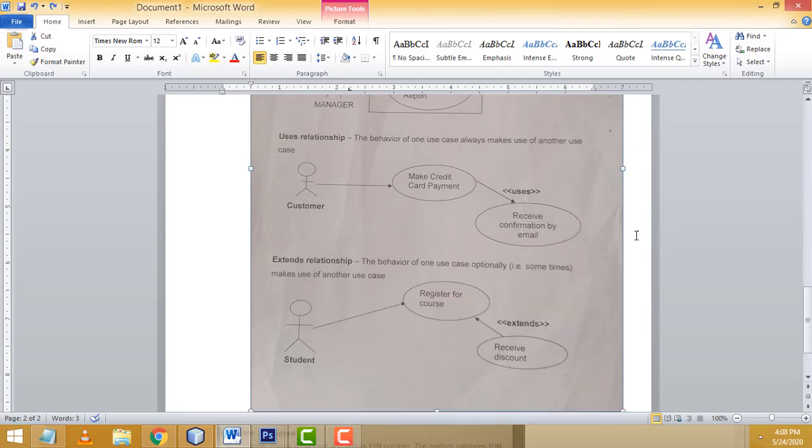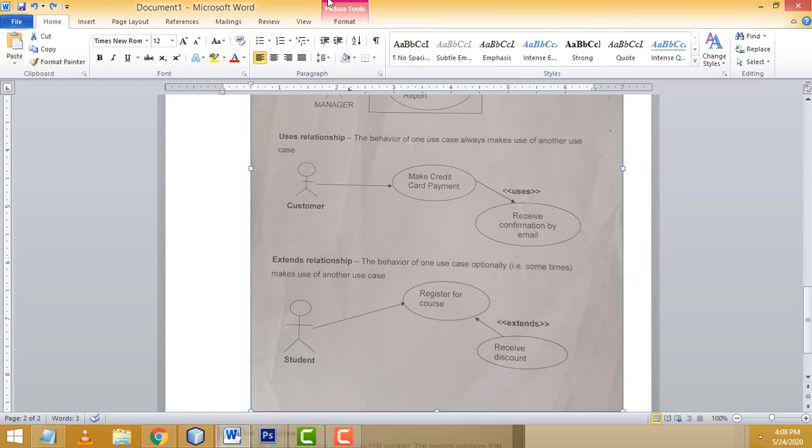Another important part of the use case is the use relationship. The behavior of one use case always makes sure of another use case, right?